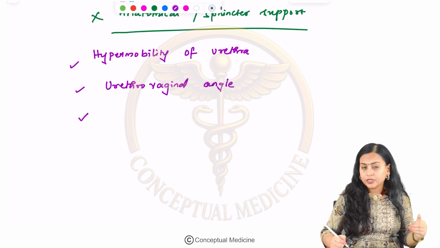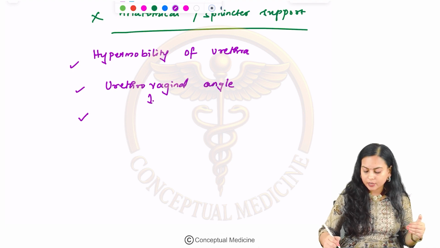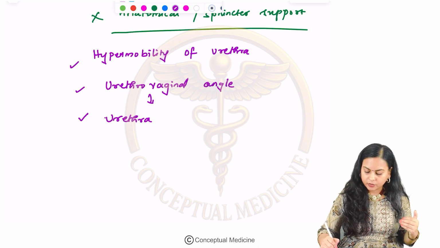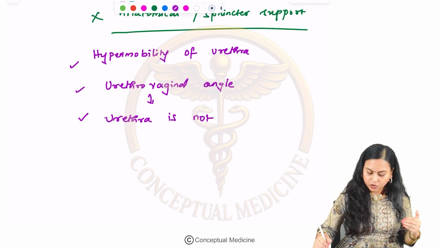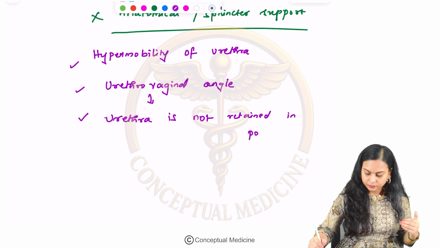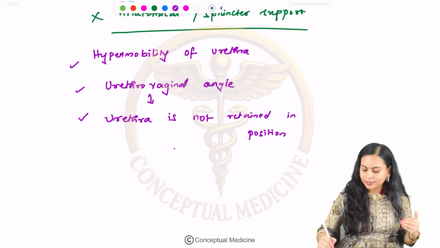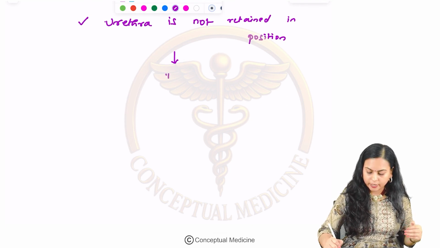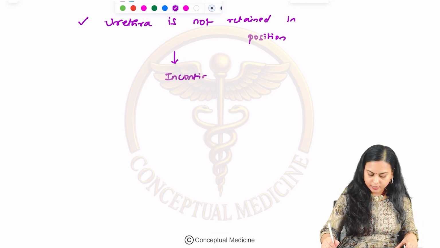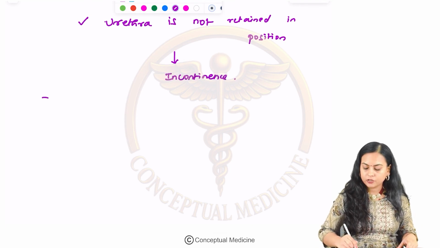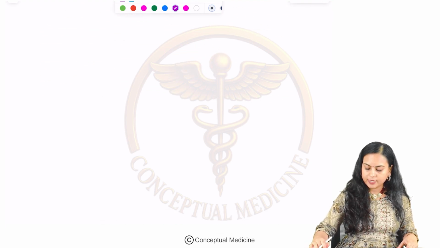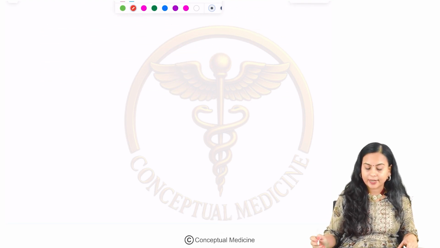So, the urethra is not retained in position. This will lead to a condition where urethra is not retained in position, and that will lead to incontinence. Understood? Right. Now, let's talk about the risk factors.